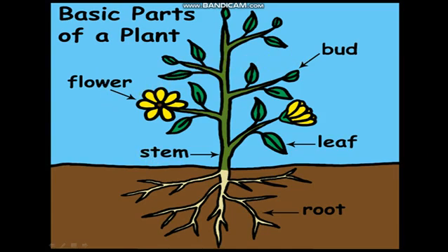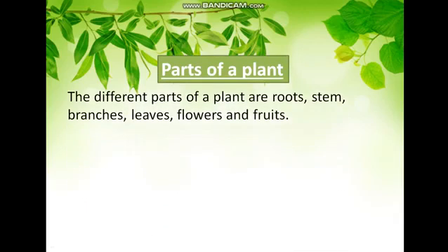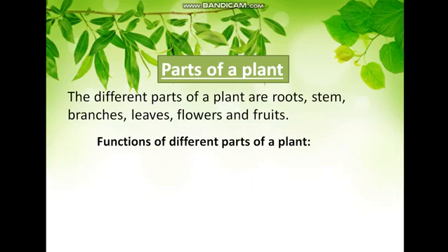All these are called the basic parts of a plant. So what are the basic parts of a plant? The different parts of a plant are roots, stem, branches, leaves, flowers and fruits. Now we'll discuss their functions as well.